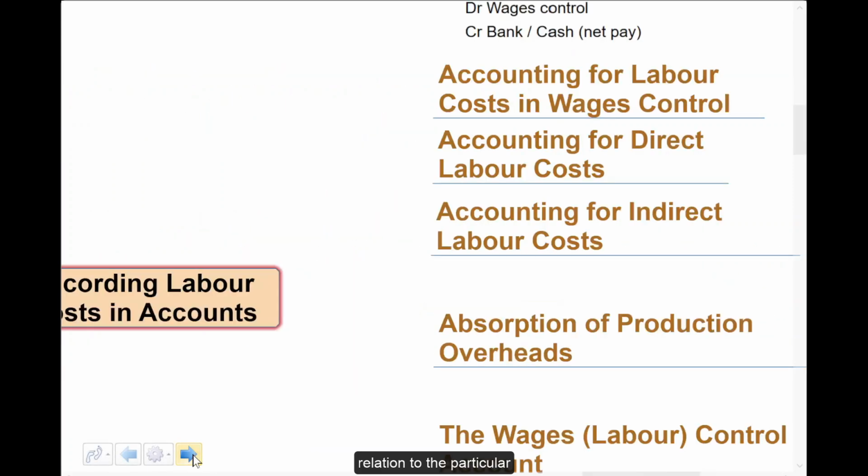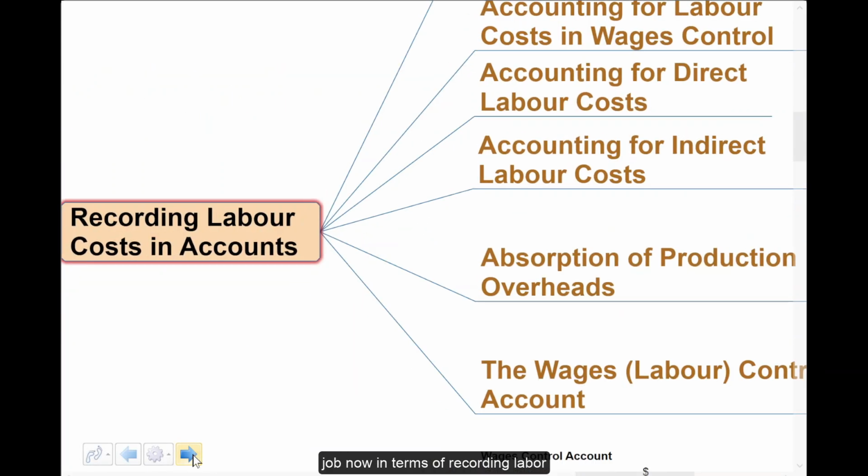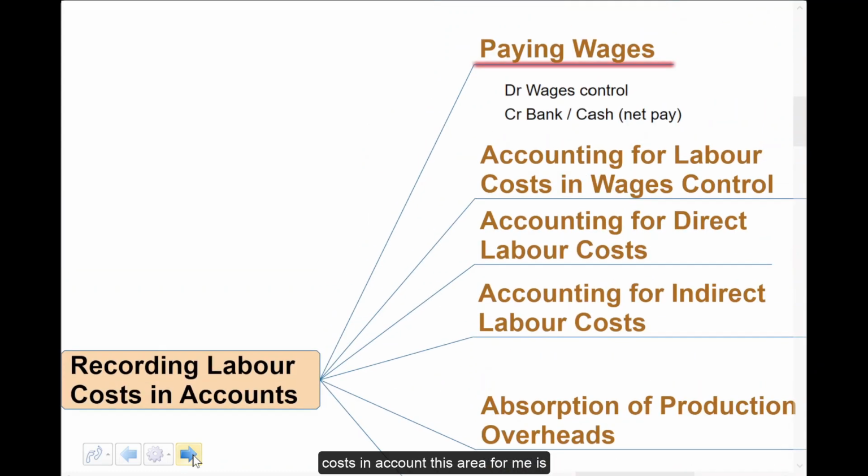Now, in terms of recording labour costs and account, this area for me is very, very detailed for MA. What I mean by that is that there's a reference to double entry, debits and credits, and indeed T accounts. I think the most important area for us really is to get an overview. We know that businesses incur costs on labour, salaries and wages.